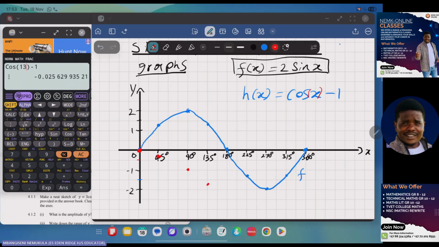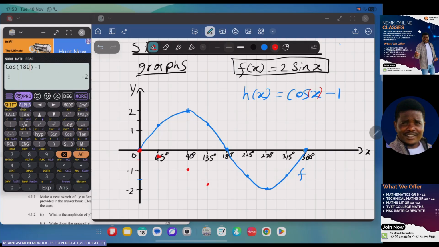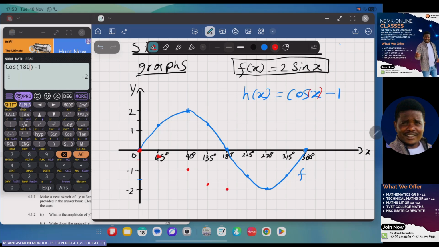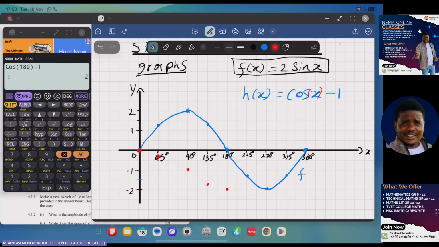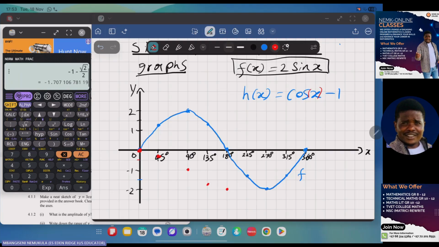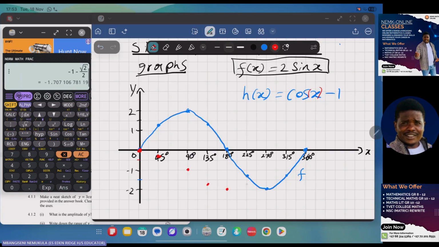And then let's continue. 180. Let's see, what do we get? -2. So 180, -2 there. Then let's continue. Okay, we go to 225. -1,7. 225 and -1,7 there.